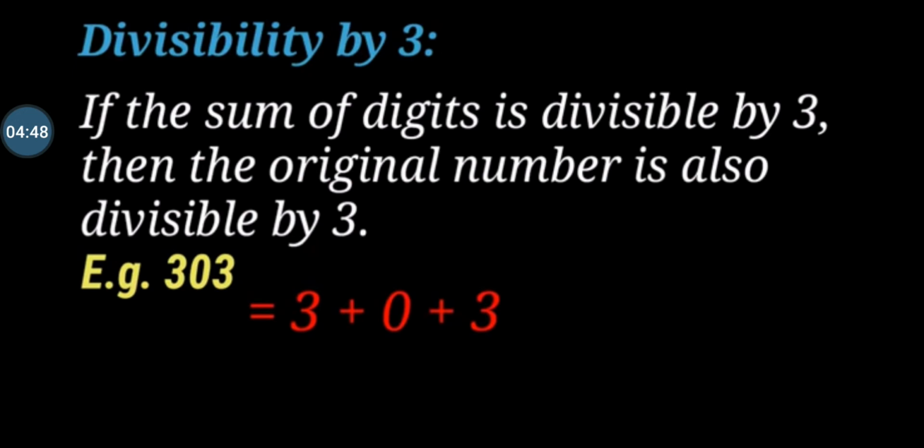We need to add up all the digits: 3 plus 0 plus 3, and we get the answer as 6. Now we have to check, is 6 divisible by 3? Yes, we can divide 6 by 3 because 3 times 2 is 6. So it means that the number is divisible by 3.